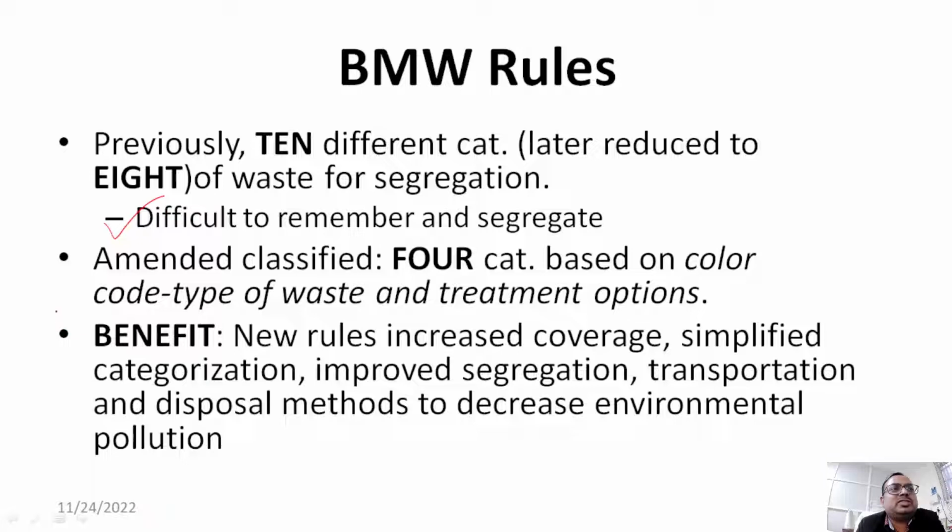So later it was amended to 4 categories of the biomedical waste based on the color coding of the waste, as well as the treatment options. Based on the color and the treatment options, these biomedical waste were clubbed or categorized in 4 categories.